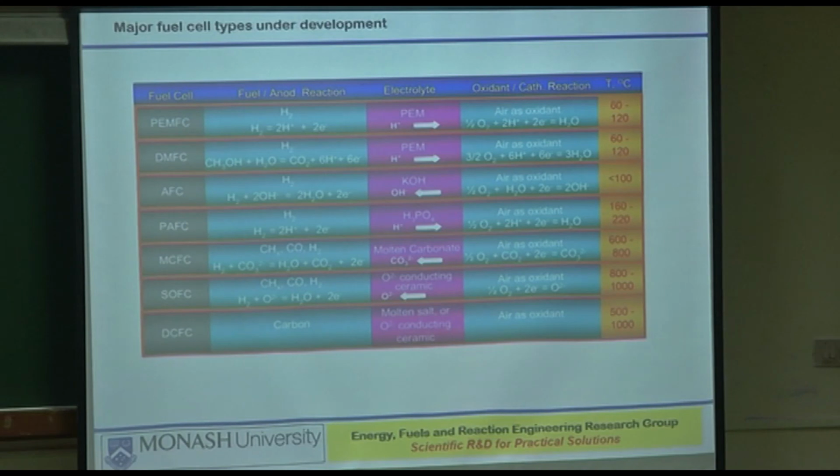But they are all at their different level of trajectory as far as the development is concerned. And as soon as you start going to the higher temperature level, it brings on different complexities, and some of those we will discuss.